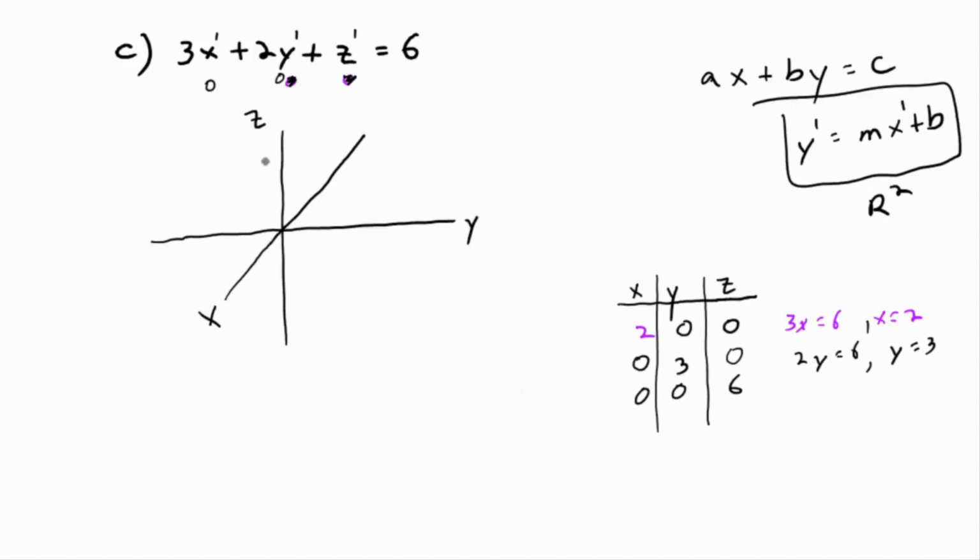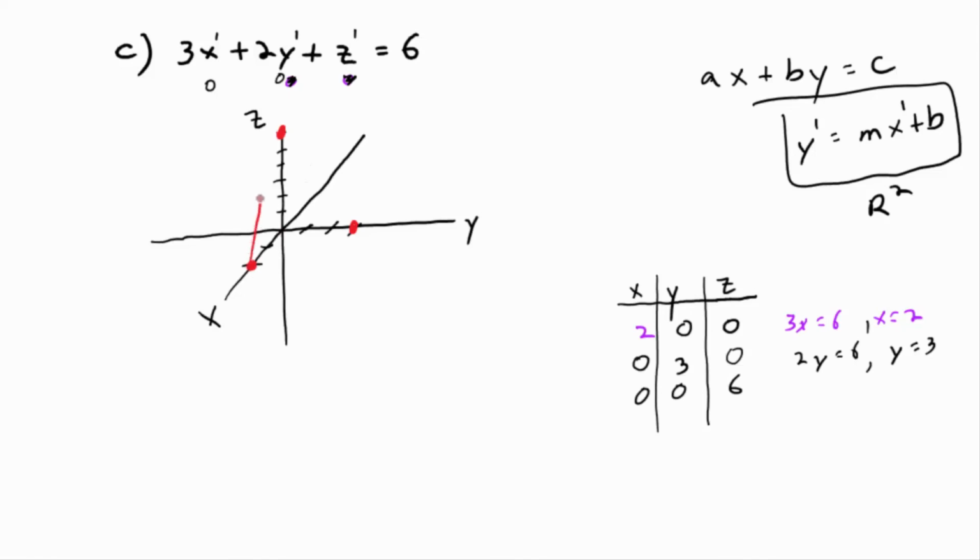So let's see, I'll plot 2, 0, 0 like that. And then 0, 3, 0 like that. And then 0, 0, 6. So 1, 2, 3, 4, 5, 6. Like that.